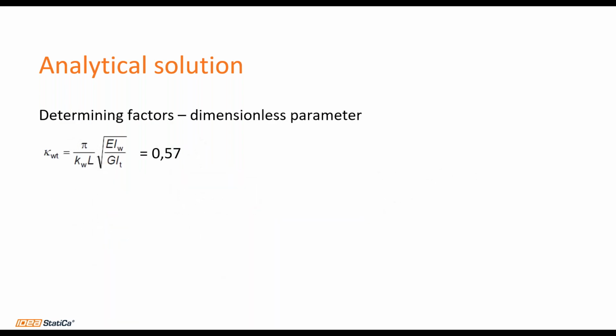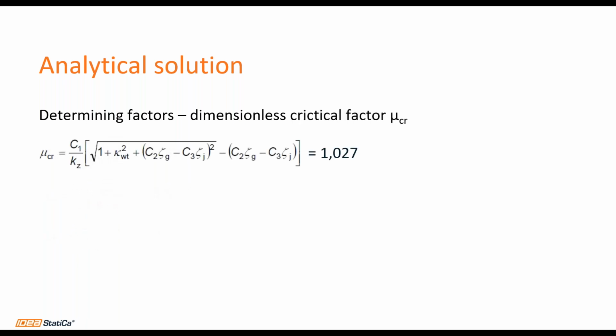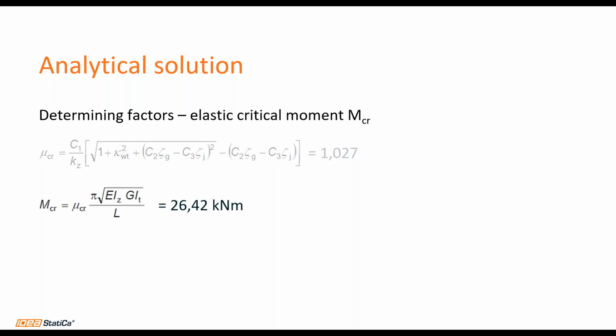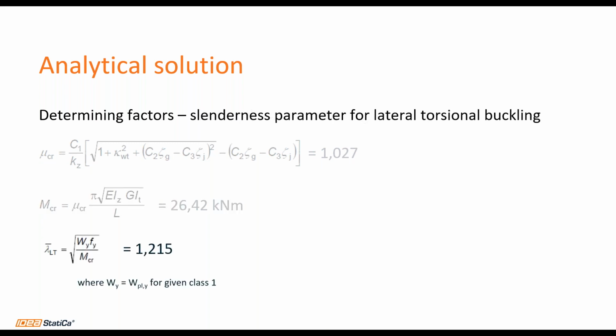And then we start inputting the parameters and values into those equations and calculating the dimensionless parameters. There's a couple of them. All right, nothing complex, right? Dimensionless critical factor, another nice equation, and finally the critical moment, and then the delta LT slenderness parameter.